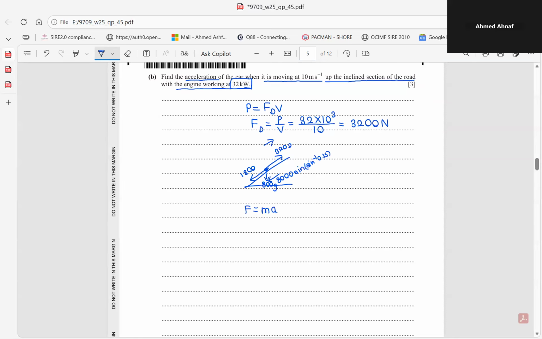So F is going to be 3,200 minus 1,800 plus 8,000 times 0.15. And then M is 800 times A.